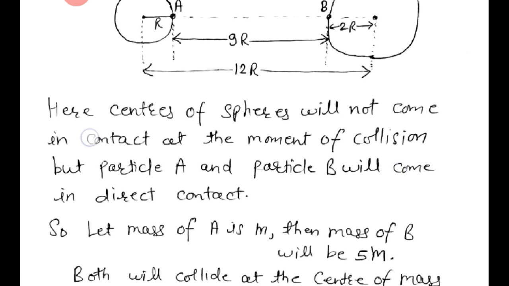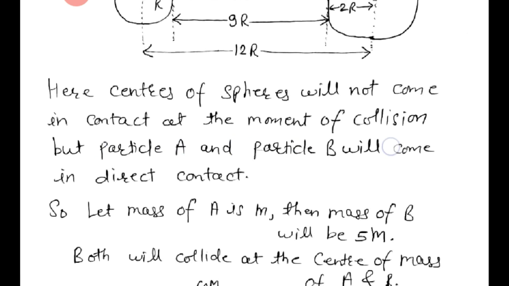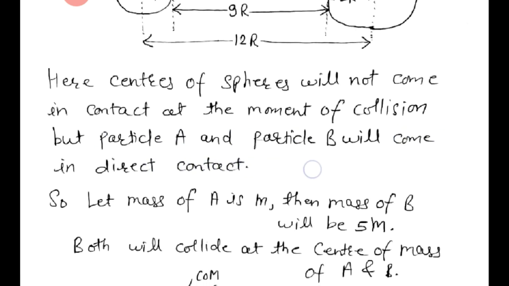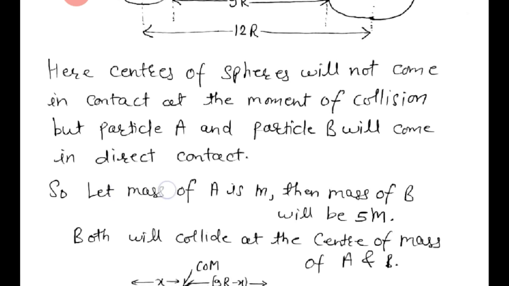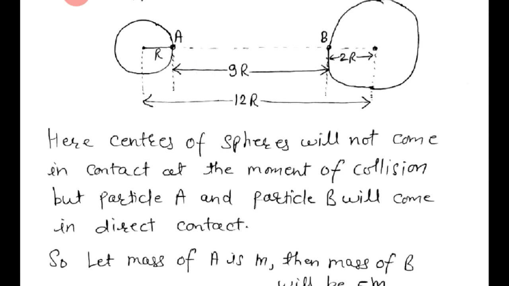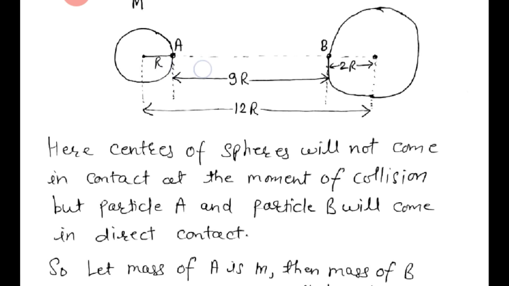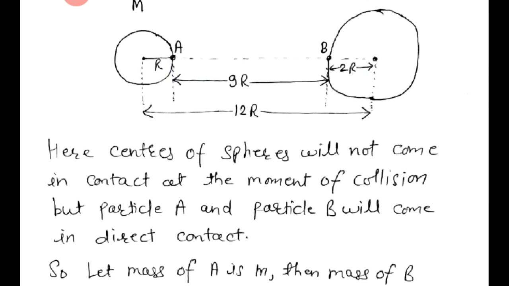Here the centers of the spheres will not come in contact at the moment of collision, but particles A and B will come in direct contact. So here we will see where the center of mass of particles A and B is. At that center of mass, A and B will come in direct contact.